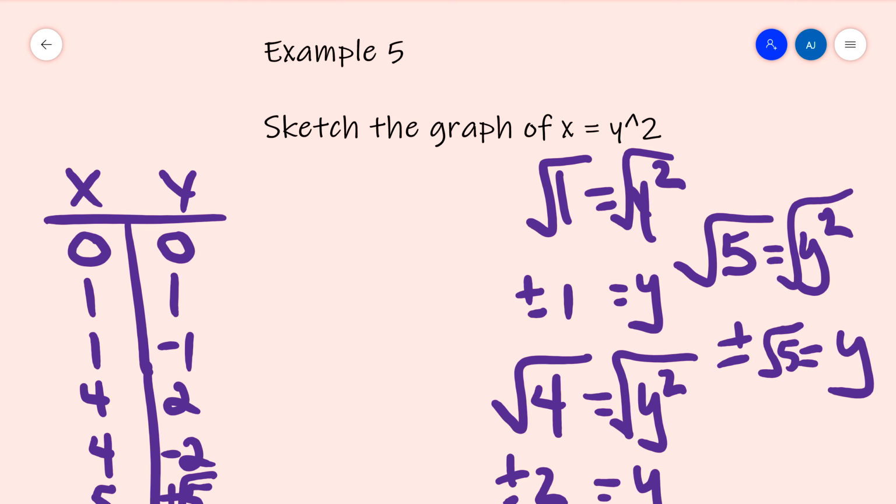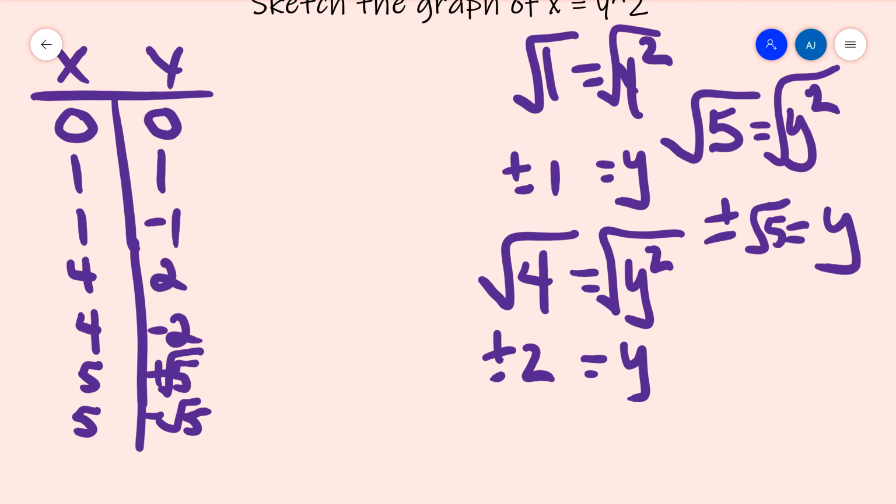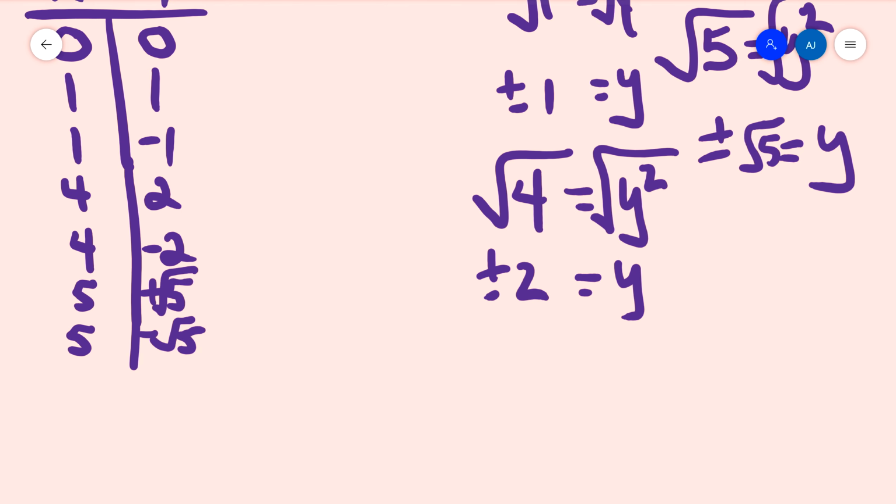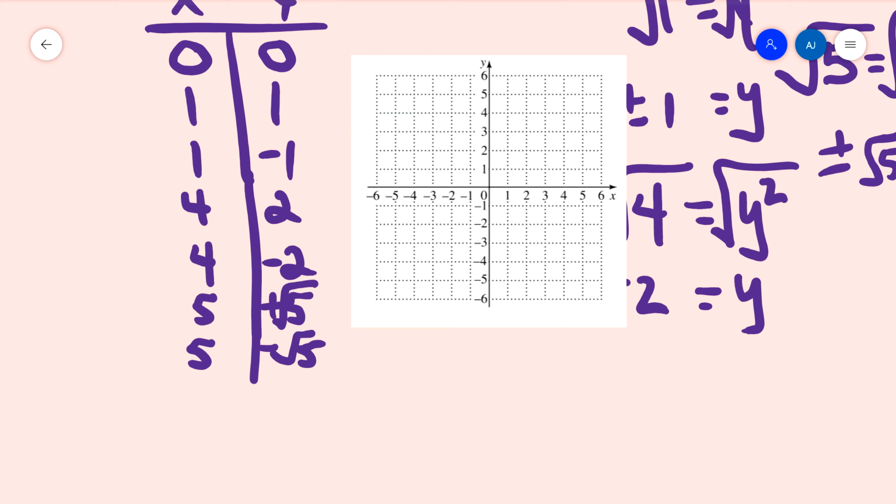All right, using the table, I can see that it's not a function because I have 2 of the same numbers for x going to different y values. So that tells you something there. If I were to graph this, let's try and graph these.